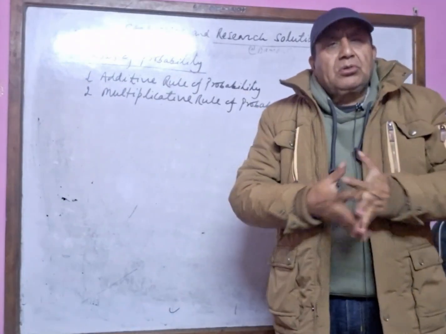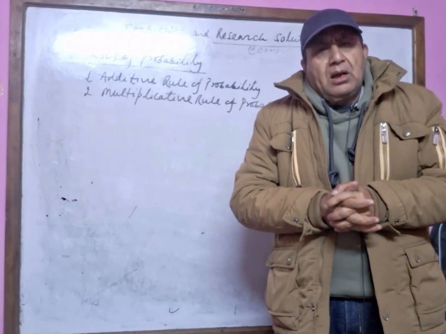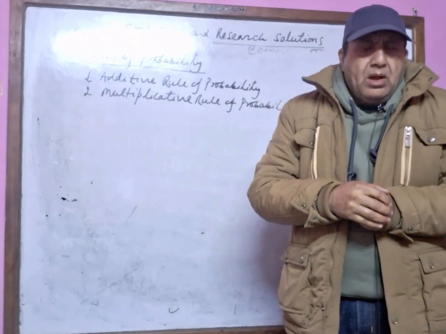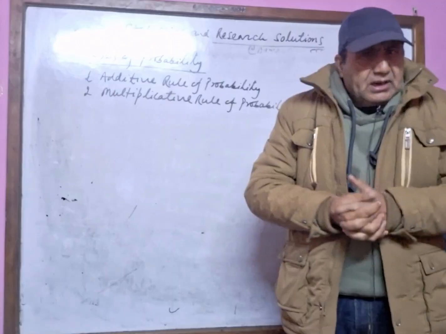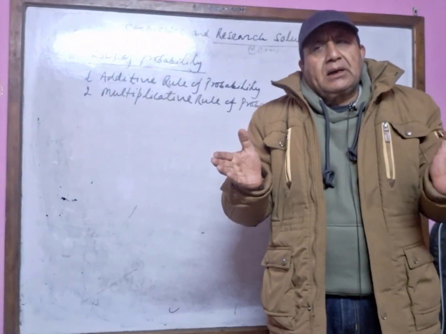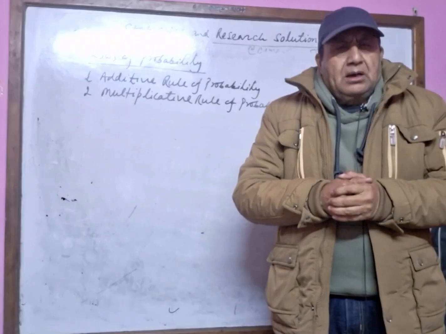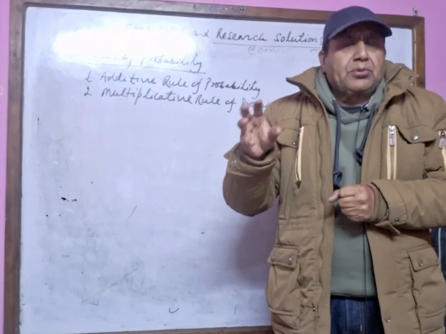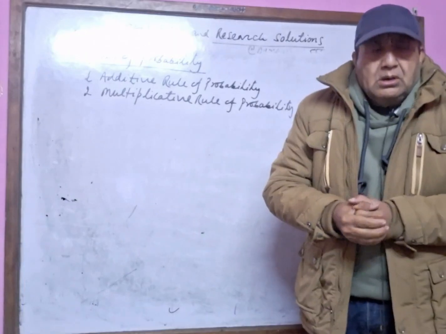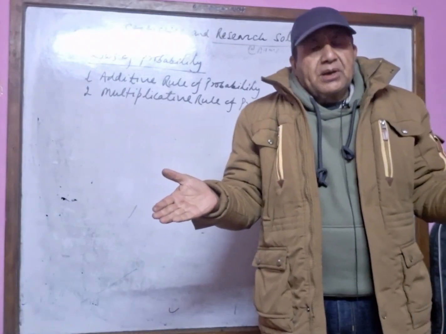And the multiplicative rule is also there. In the case of the multiplicative rule, if two or more events are there, what is the product of the probabilities of those two or more than two events?